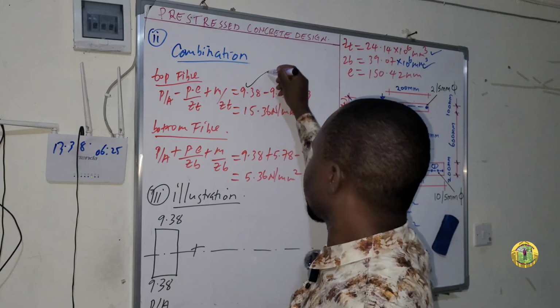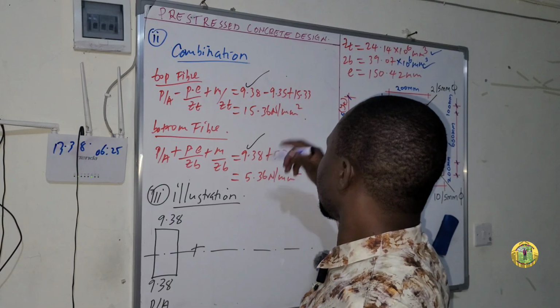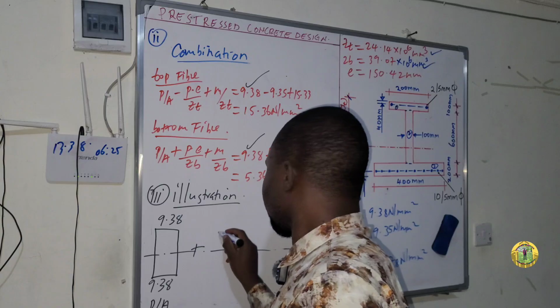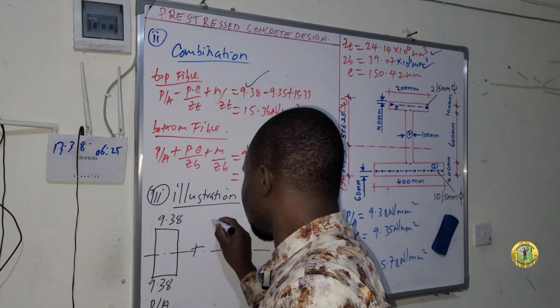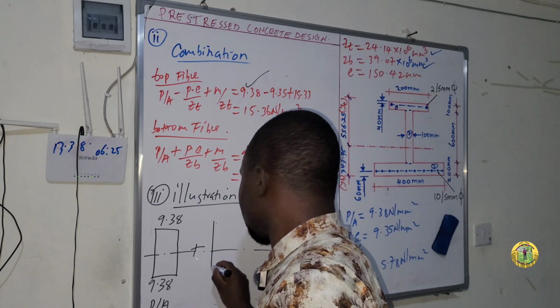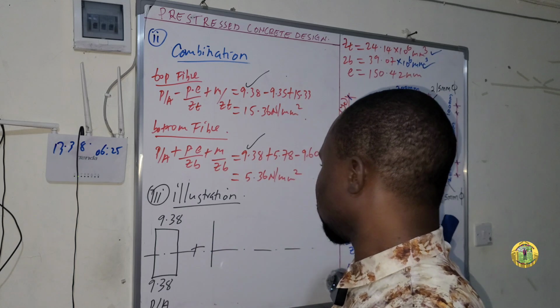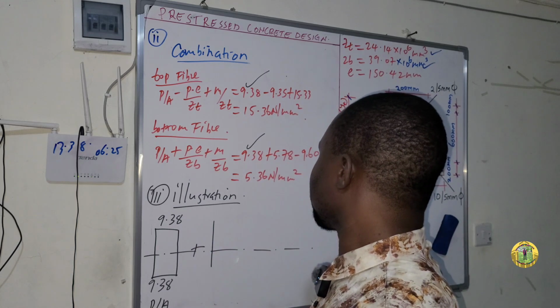So the top is negative 9. Remember, on the left side of this line is negative and on the right side is positive.